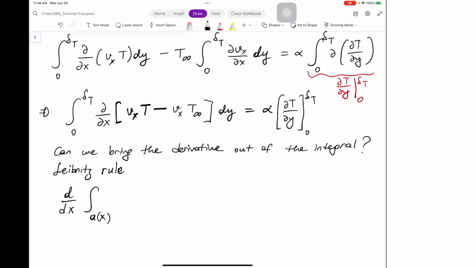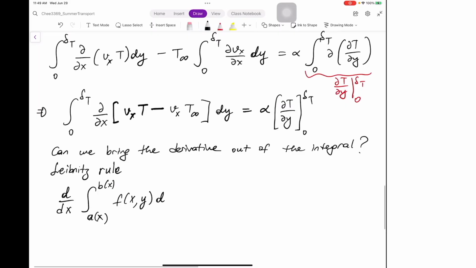And okay, so the Leibniz rule is the derivative of the integral from a(x) to b(x). It's basically a more general form of the fundamental theorem of calculus, saying that the integral is the inverse of the derivative. But this is more than that, so you can actually make the boundaries be functions of x.